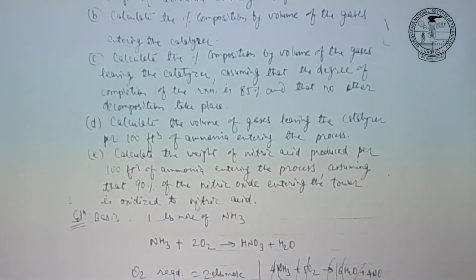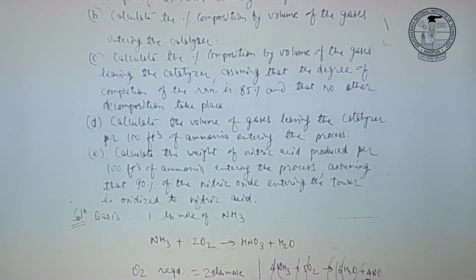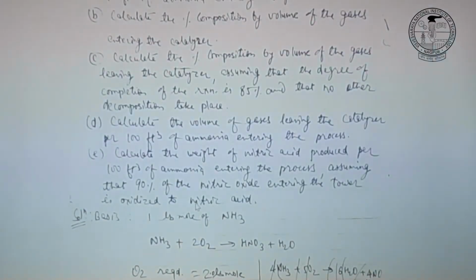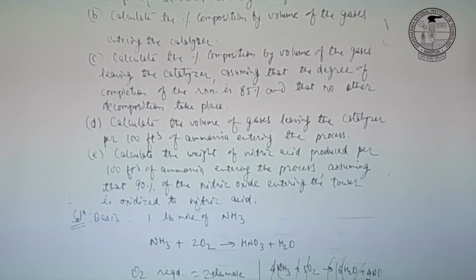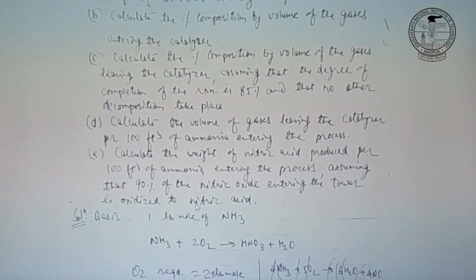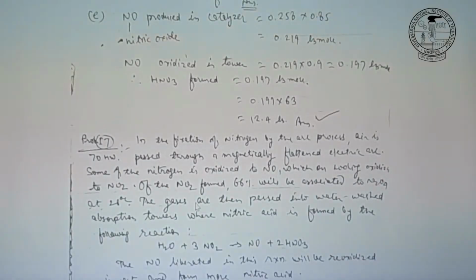Because we have shifted the basis in between, since for molar or volumetric compositions it is better to have the basis in lb mole. Every calculation was asked in terms of 100 cubic feet of ammonia entering, so accordingly we calculated the exact lb mole of ammonia. Same, 0.197 lb mole of HNO3 will be forming. So is it clear up to this point?